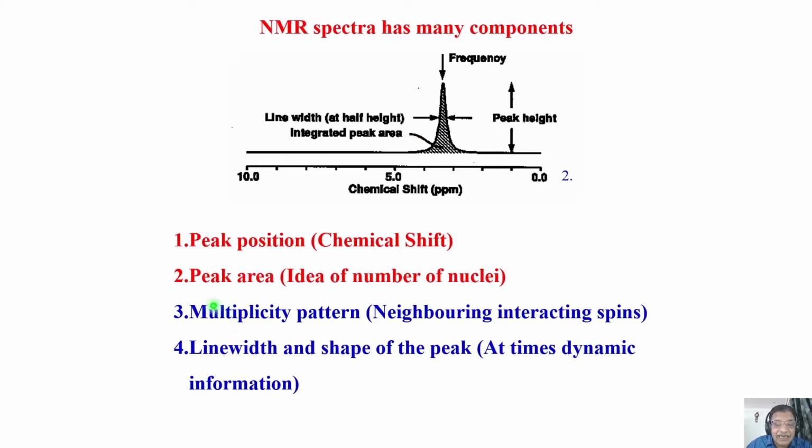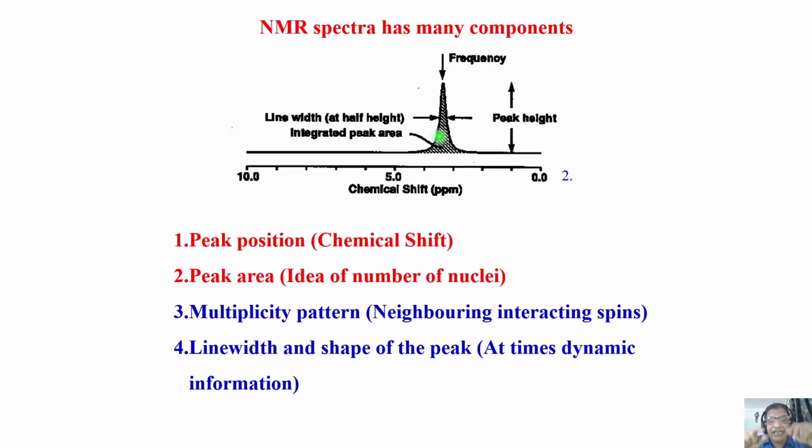And another interesting thing we have to discuss from today's class onwards is the multiplicity pattern. This peak, assuming there are no other neighbors interacting with it, is going to be a single peak. Assuming I am looking for a proton in a molecule where it is resonating, if I look for the chemical shift of it, if all the neighbors are far away and there is no interaction of other protons or any other NMR active nuclei with this particular proton of my interest, it will be a single peak.